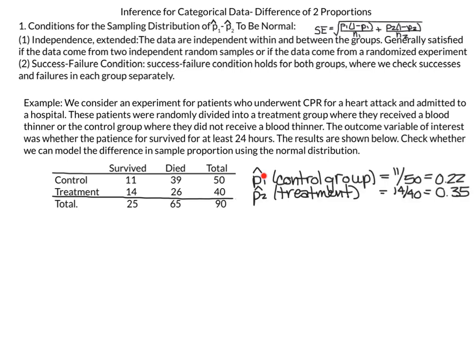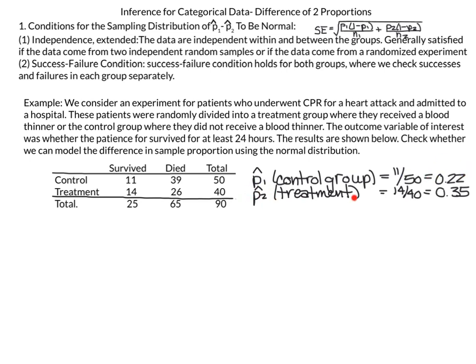So our P1 hat will represent the control group. If you want, you could have called that P2, but I used P1 for the control group. So 11 people out of the control group, a total of 50 people, survived. So 11 out of 50, their survival rate was about 22%.